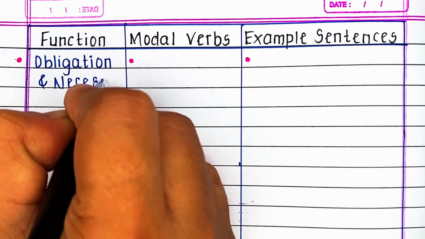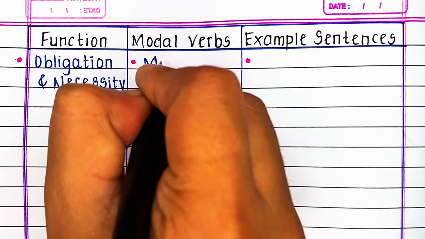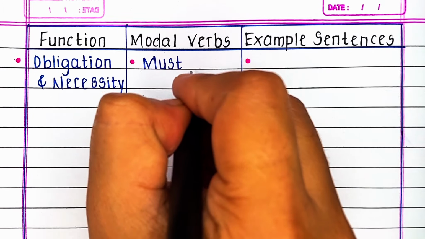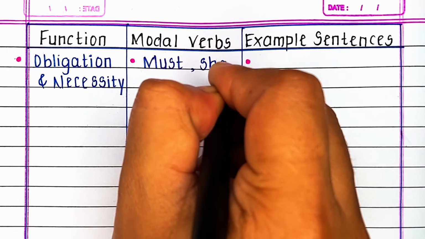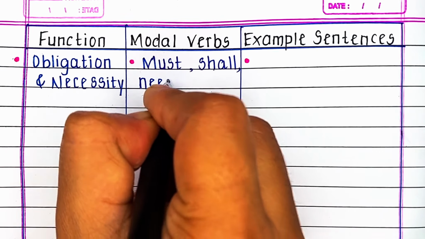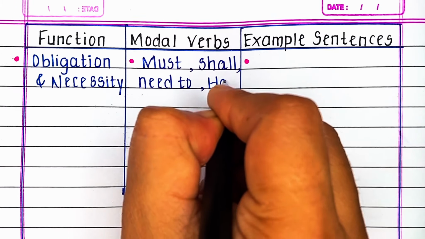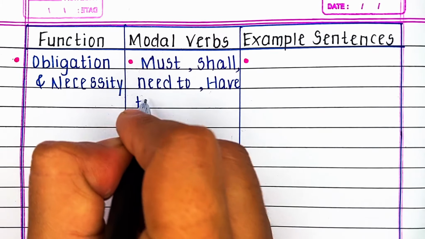Next is might. Example is, might I suggest an alternative? Next function is obligation and necessity. The modal verbs are must, shall, need to and have to.